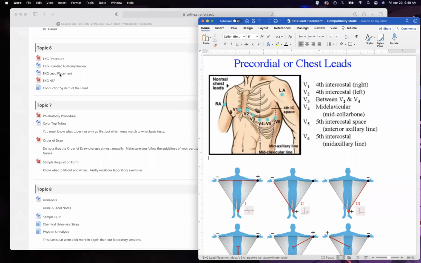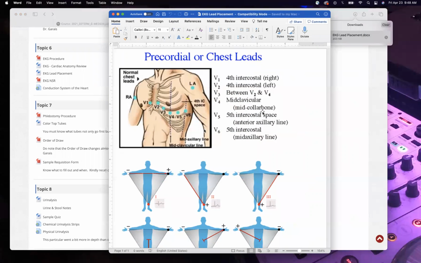And if you open up EKG lead placement on my notes there, these are your precordial or chest leads. And you could see here how, remember, it would get louder and louder and louder and louder. And V5, it'll be its loudest because your V5 is at the location near where your apex of your heart is.